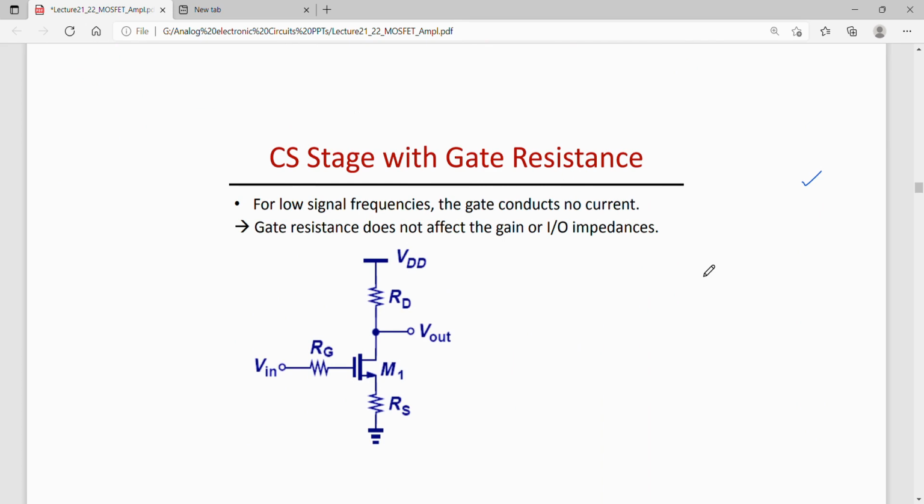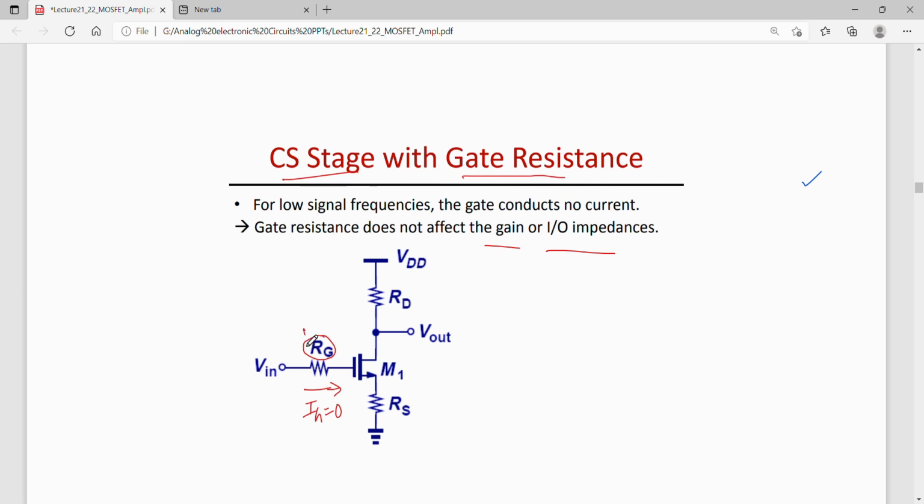Now let us make some modification to the previous circuits. Let us bring in this gate resistance also. So what is the effect of the gate resistance on this common source amplifier? The effect is actually nothing. The gain and input impedance are not affected by the presence of this gate resistance, because there is no conduction through the gate, or Ig is 0 in a MOSFET.